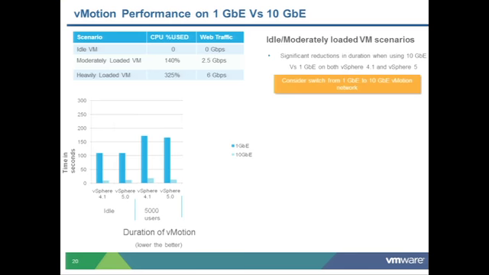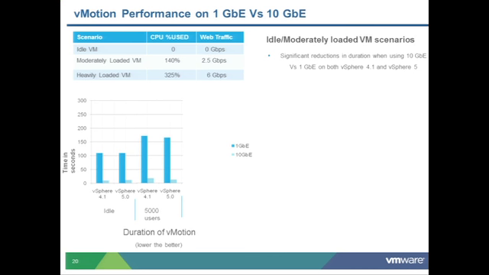So basically what we're seeing, I have a few data points here. For the idle VM, I have 4 data points. I'm comparing 1 GB versus 10 GB on 4.1, and 1 GB versus 10 GB on vSphere 5 for the idle VM scenario. And the same thing for the moderately loaded VM, again 1 GB versus 10 GB on each.